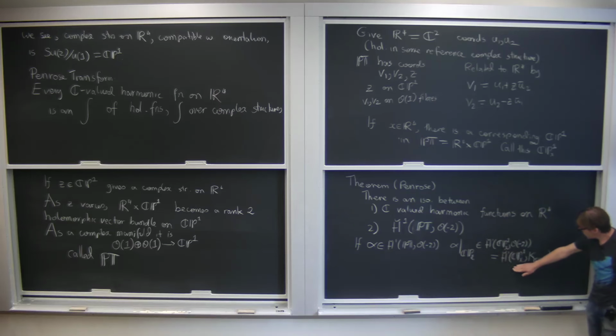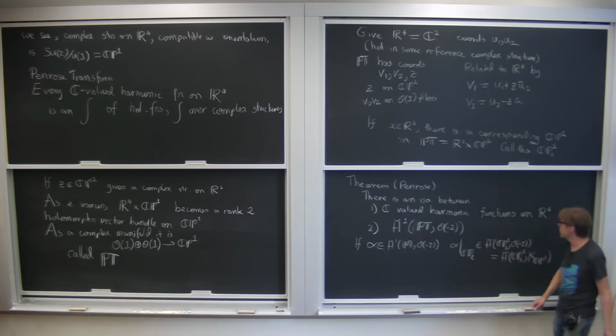Now, on each CP1, therefore, alpha is a (1,1)-form. It's something you can integrate. Like it's a first cohomology class with coefficients in the canonical bundle.